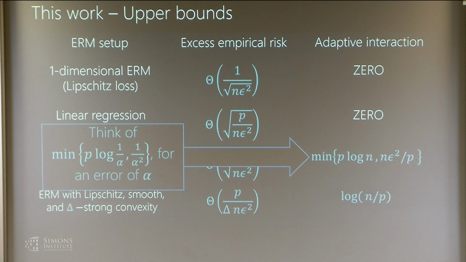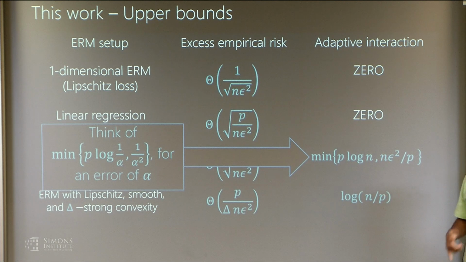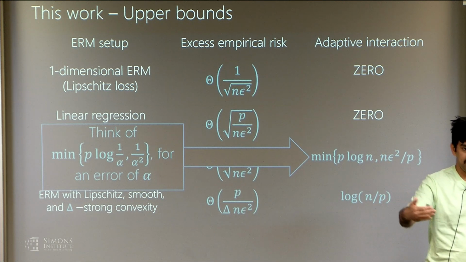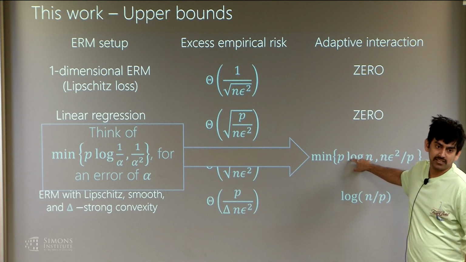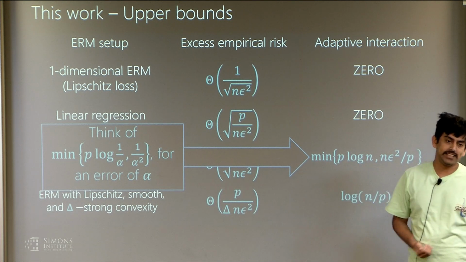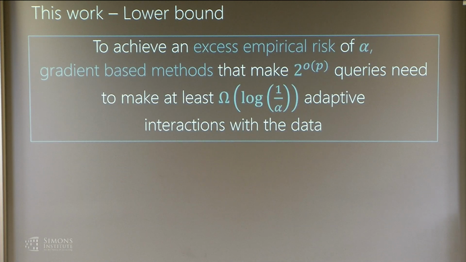So these are the upper bounds, and we'll show that for these two classes of problems, you need some degree of interaction. In particular, later work after ours showed that this is actually necessary, so the degree of interaction is tight.